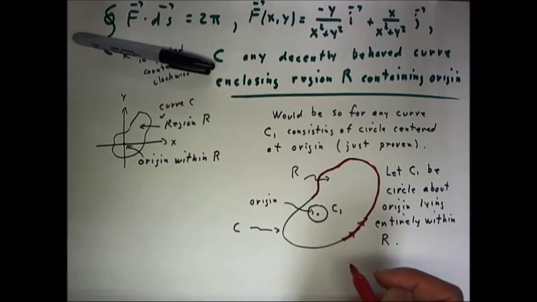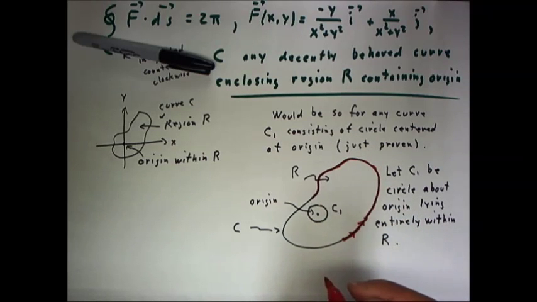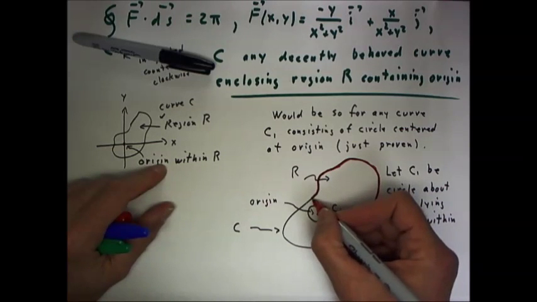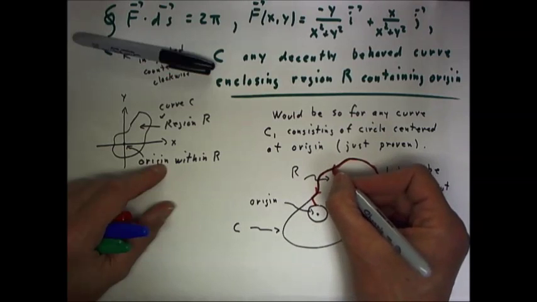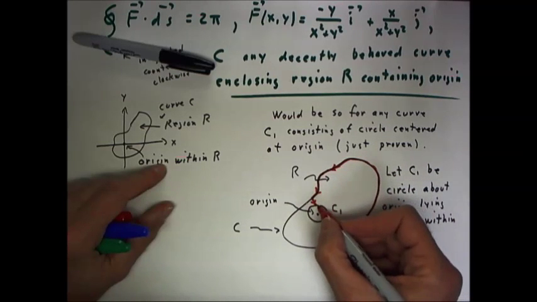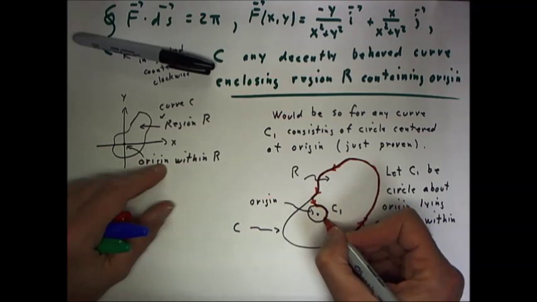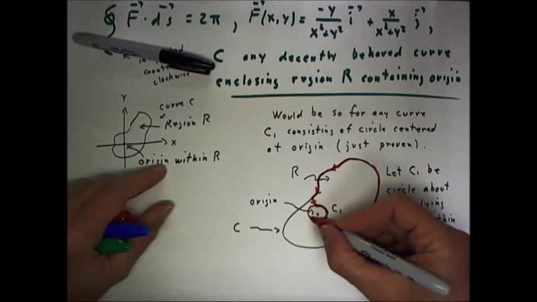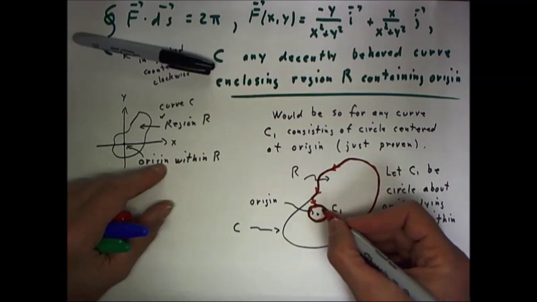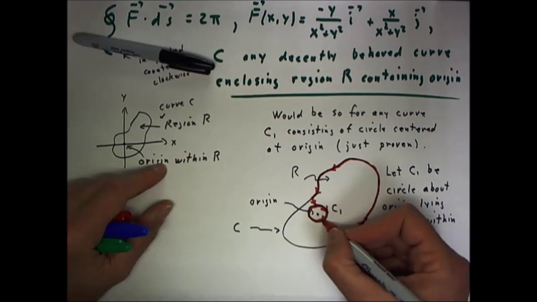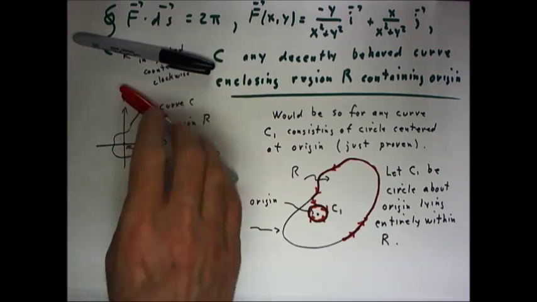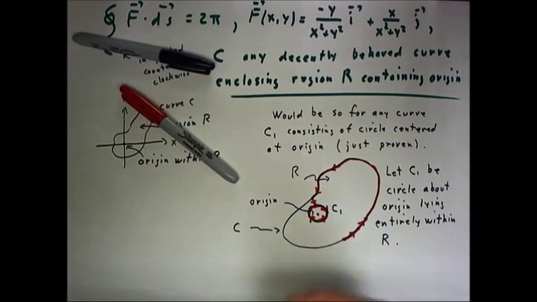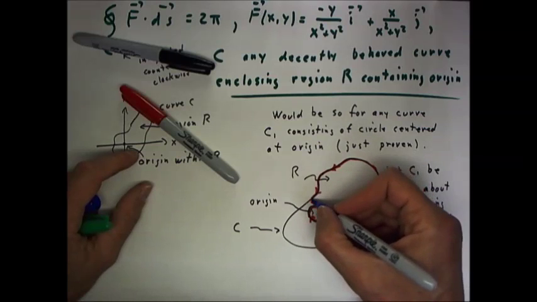Now, we get around to here, and we're going to jump over to the curve C1. So we've come around to here, now we're going to jump down to C1, and we're going to go around C1 in the negative direction. So we're going to go around C1 this way. And then we get around to this side, and we're going to continue.